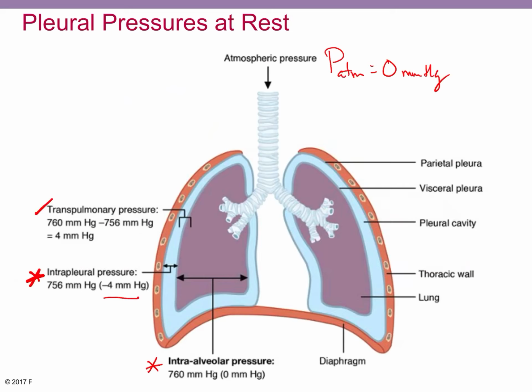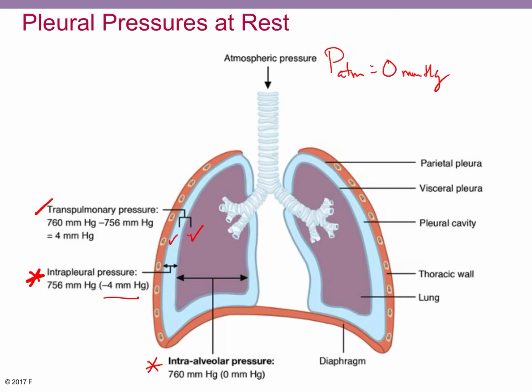Okay, then the next pressure is going to be the transpulmonary pressure. And the transpulmonary pressure is the difference between what is in the alveoli, the intra-alveolar pressure, versus what is in that pleural space, that intrapleural pressure. So it's the difference between those.